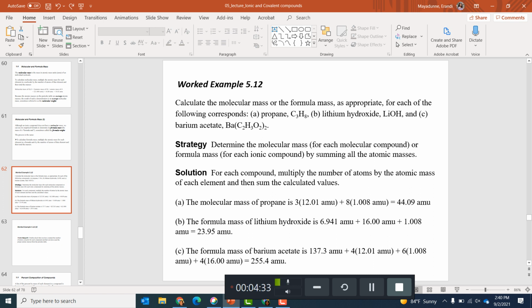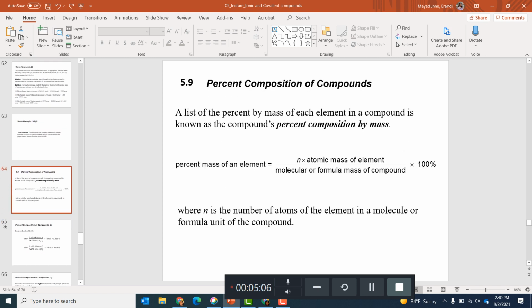Barium acetate. You don't need to worry about the name here, but it's barium acetate. So you add the mass of the barium, and then 2 carbons, which is 12.01 times 2, 3 hydrogens, and 2 oxygens. You add all the mass together in the parentheses, multiply by 2, and then add the mass of the barium. So that's how you calculate the formula mass.